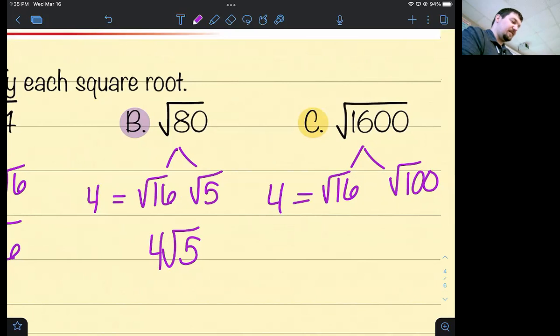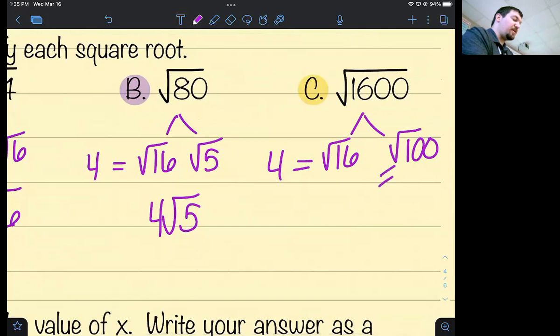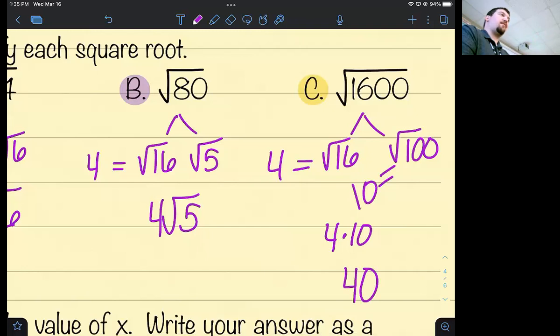Carson? 10 is not a perfect square. Are you saying we could just say it's 10? Ah, so then we would just say 4 times 10. What's 4 times 10? So square root of 1600 is just 40. In fact, if you type it into your calculator, just 40.